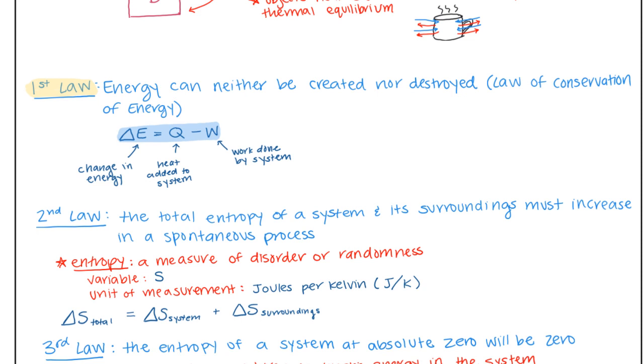So this equation is very useful to us. So we can use heat and work done by the system to calculate the overall change in energy. Keep in mind that these are all very related concepts. Heat is essentially energy. Work is an object's, or energy is simply an object's ability to do work.